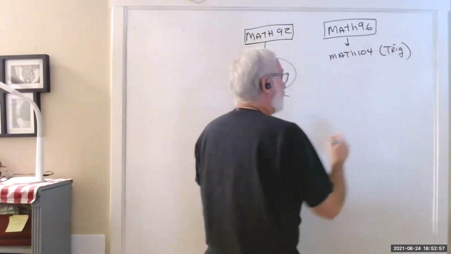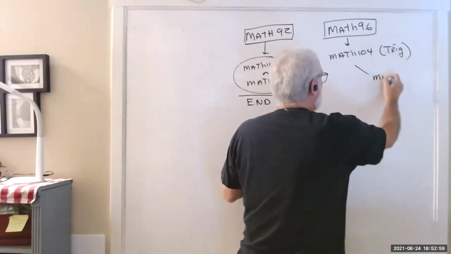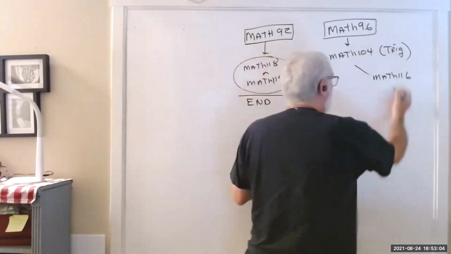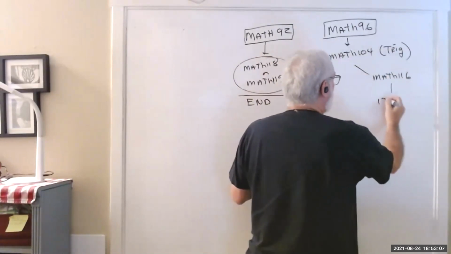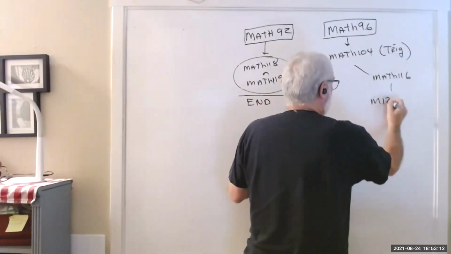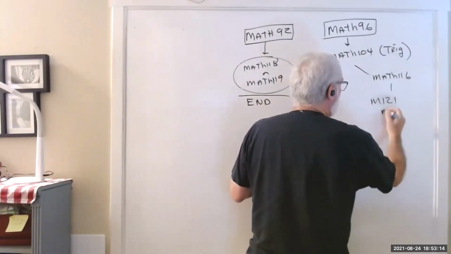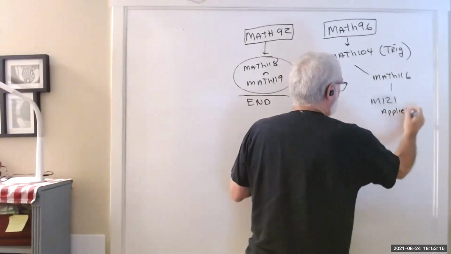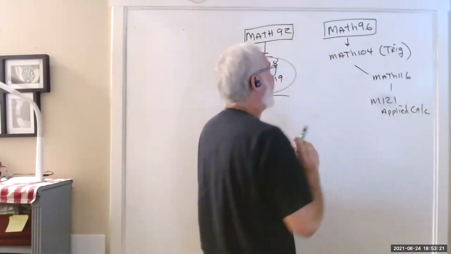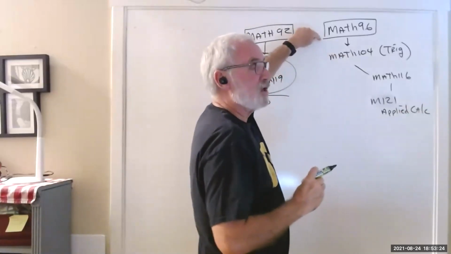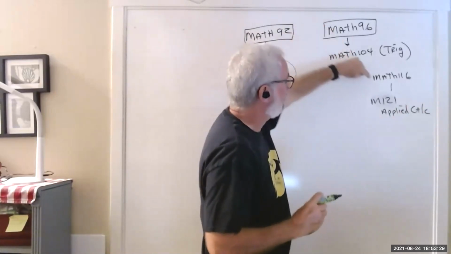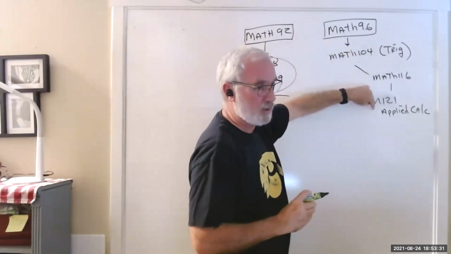Then Math 116, which is college algebra, and then Math 121, which is applied calculus. So if you're enrolled in Math 96, this is what we're preparing you for: Math 104, then Math 116, then Math 121.